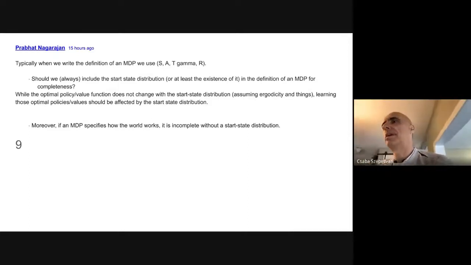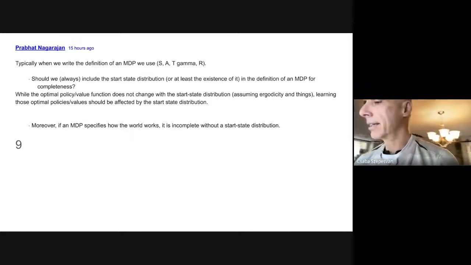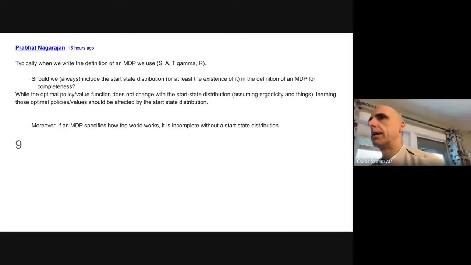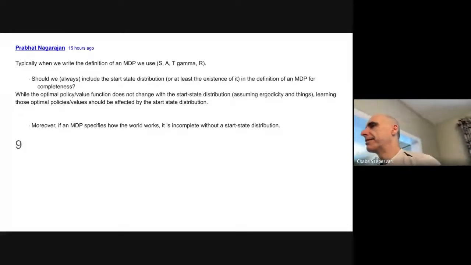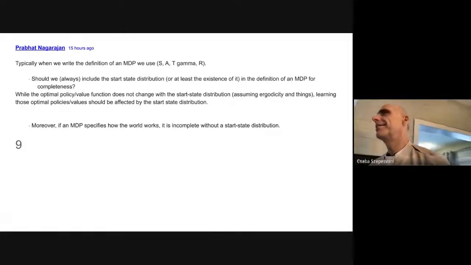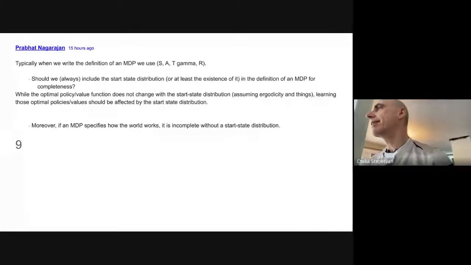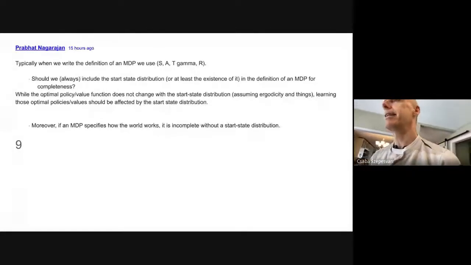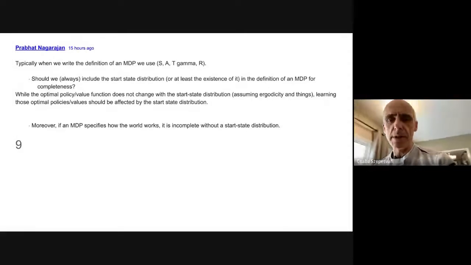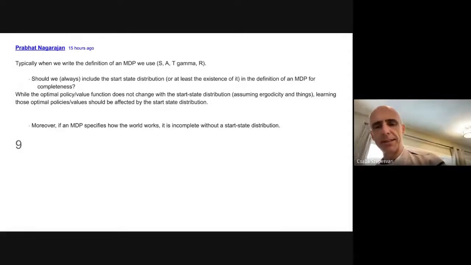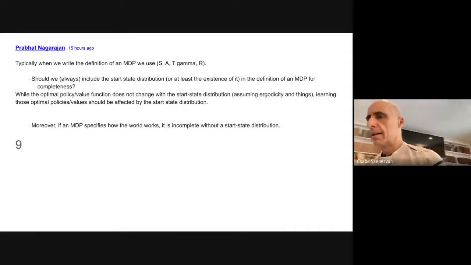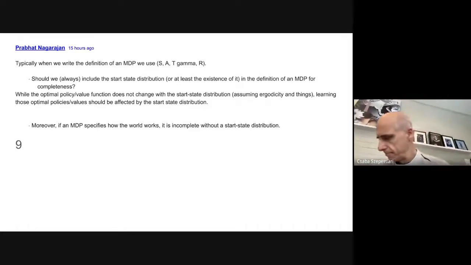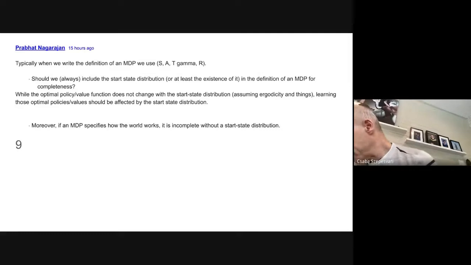I think there is the other, more interesting question: if we prove a result that applies for a fixed start state distribution, does this result imply that things also work no matter the start state distribution? Sometimes the answer is going to be yes. Anyways, we are jumping ahead with this, so let's move on to the next.